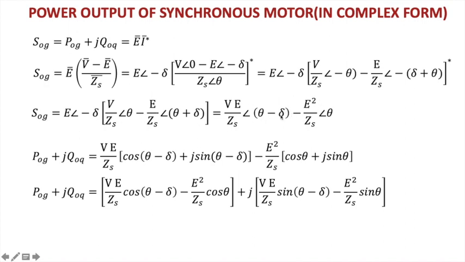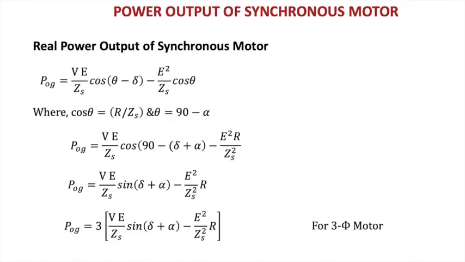Then convert the polar into the rectangular form, and after you convert into rectangular form, segregate the real and the imaginary parts. Once you segregate them, we come to the real output power, which is given by VE by Zs cos theta minus del minus E square by Zs cos theta.